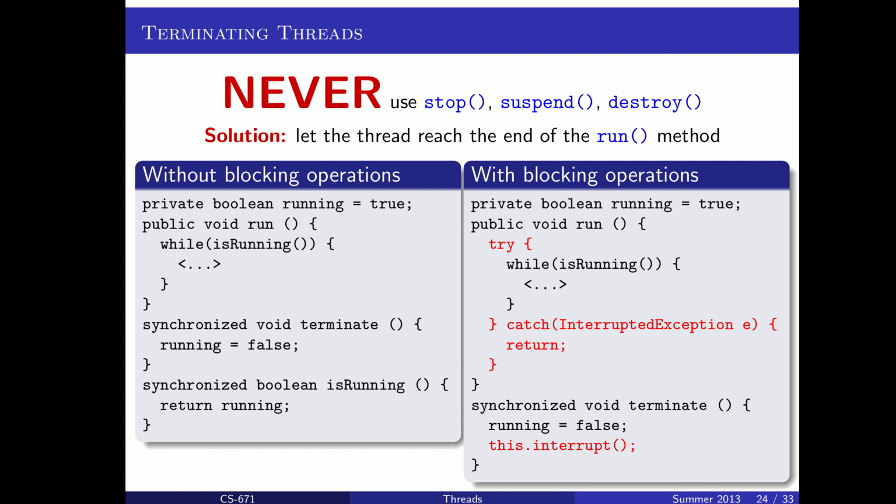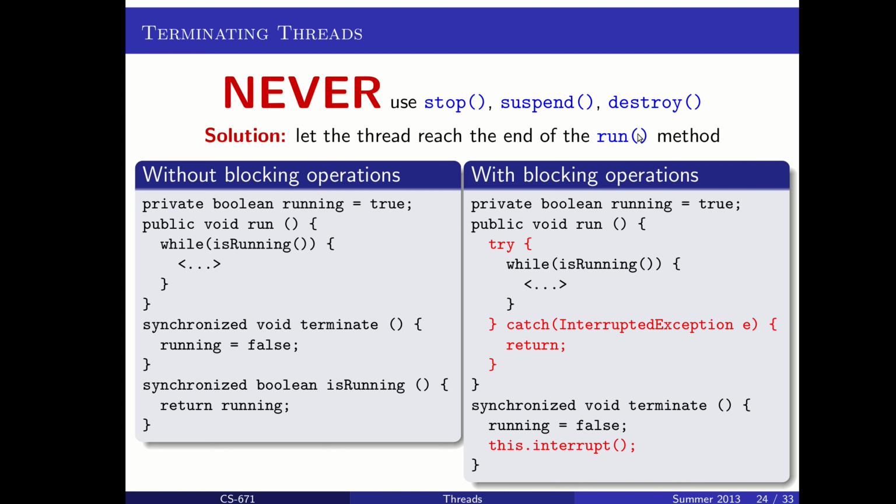They will cause your program to be very ungraceful in many different ways. If you stop a thread while it's holding on to certain resources, it can cause problems. Similarly for forcibly suspending or destroying it, the better solution is to make a way that the thread can gracefully reach the end of the run method.